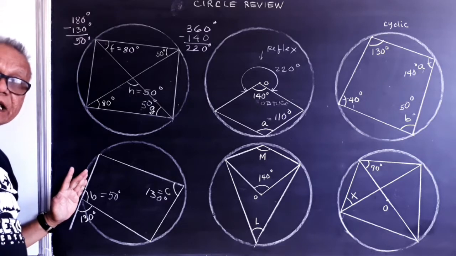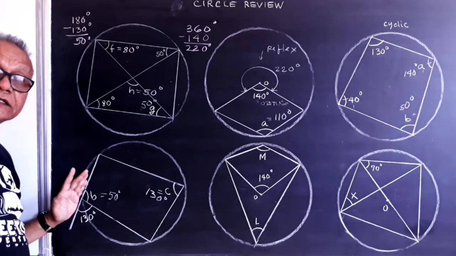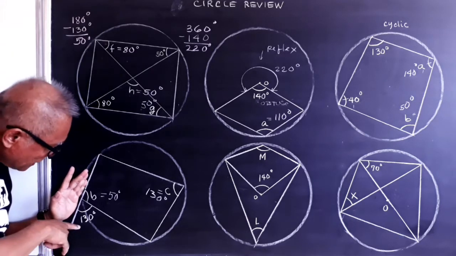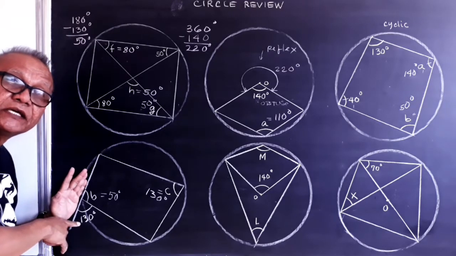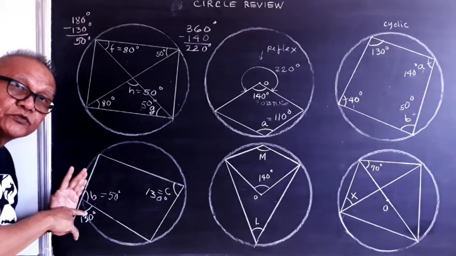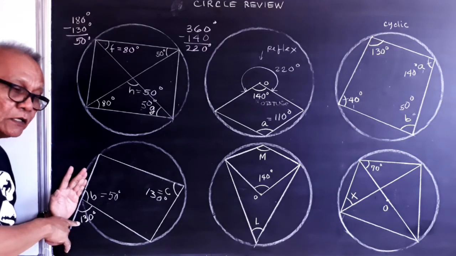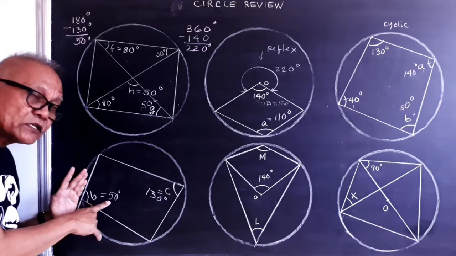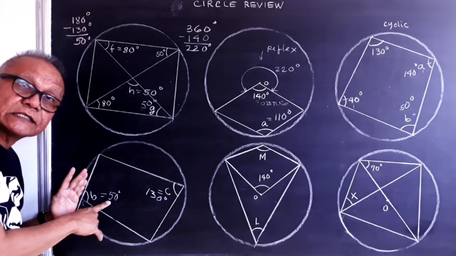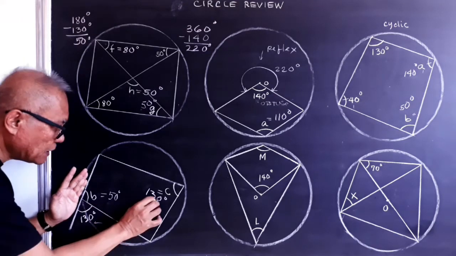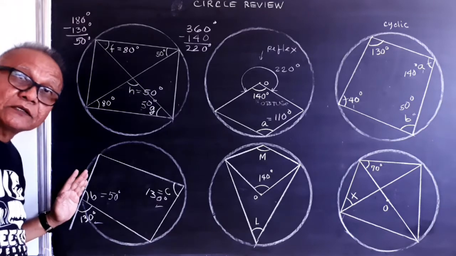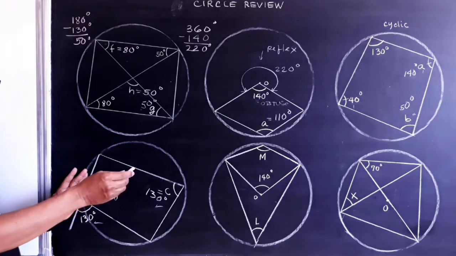When you see a straight line, it measures 180 degrees. Since you already have 130, how can you get B? Subtract this 130 from 180 degrees, and that will also give you 50 degrees. This one and this one are equal. Remember that, without computing it.